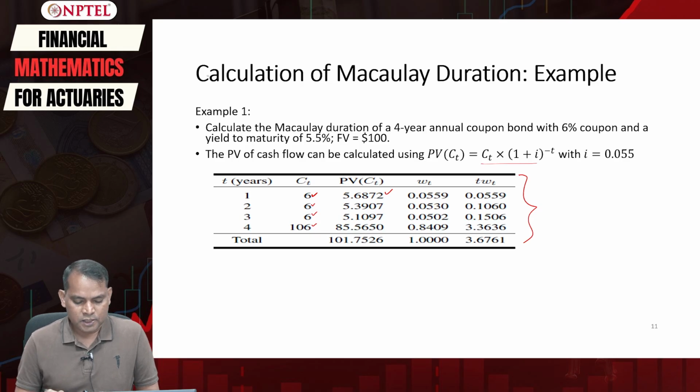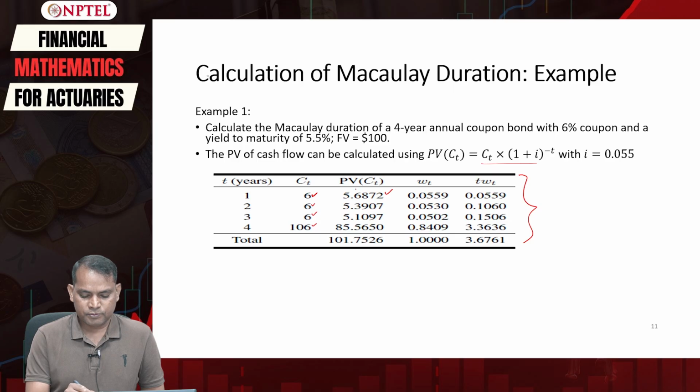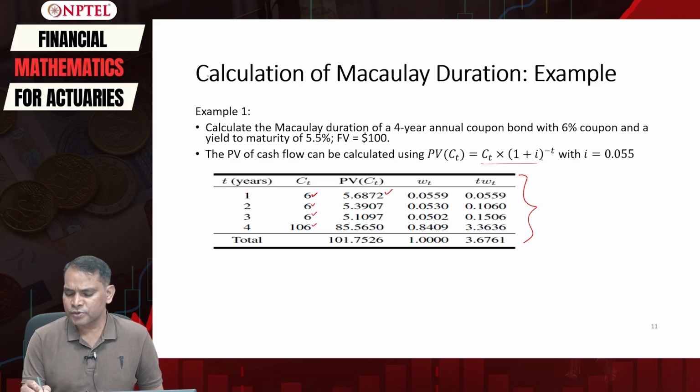For the second year, the present value PVCT will be equal to 6 multiplied by 1.055 to the power minus 2, and then we will get this value. Similarly we place i equal to 0.055 and t equal to 3 here, and CT equal to 6, and you will get this value.